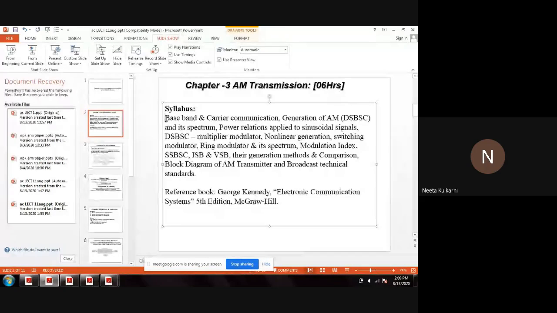Okay, so if you see the syllabus, this first point, baseband and carrier communication, we have completed now. Now the next point we are going to see is generation of AM signal and its spectrum.